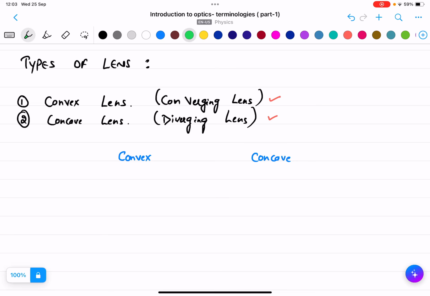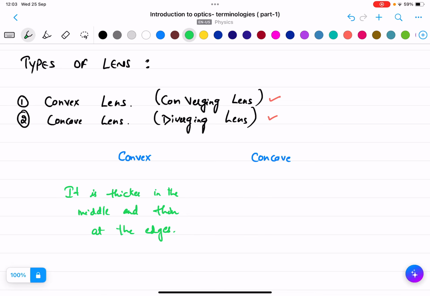If we are talking about a convex lens, that means it is thicker in the middle and thin at the edges.